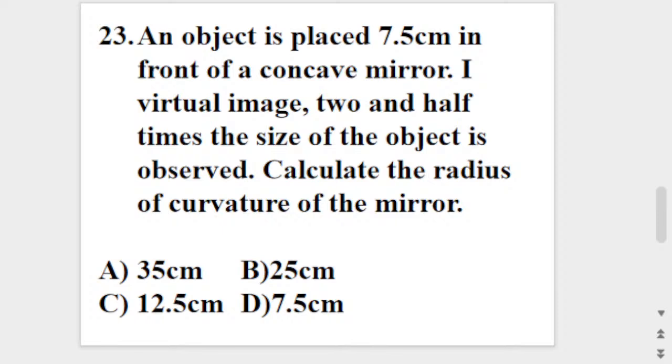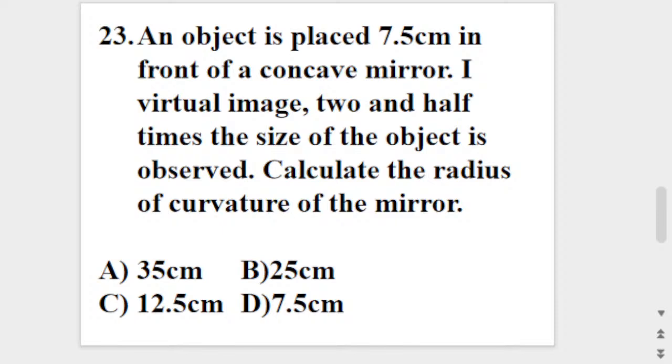So the object distance here is 7.5. So let's put that here. U is equal to 7.5 centimeter. That is the object distance. And we are told that a virtual image 2.5 times the size of the object is observed. What is the meaning of that 2.5 times? It means that the magnification is 2.5, because the size of the image compared to the size of the object is called magnification.